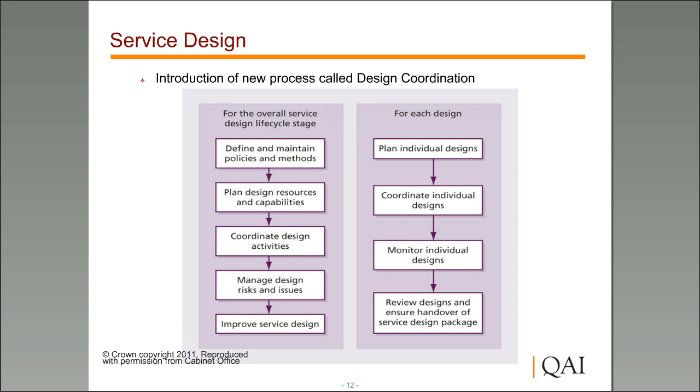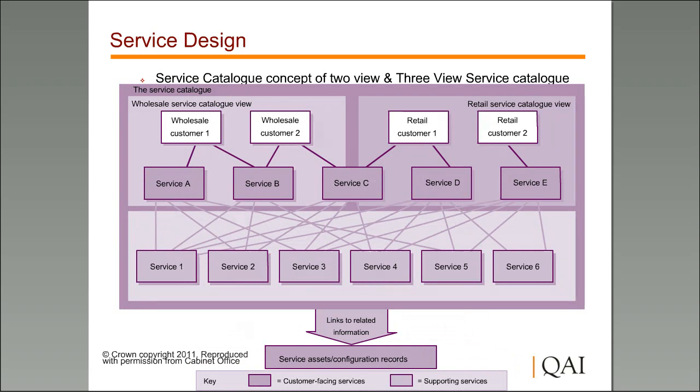If I move to the next slide, I'm jumping this slide for the moment, and I will come back to it for design coordination. Here you can see the first layer from the bottom in this box shows the services: service 1, service 2, service 3. These are the supporting or IT services. The dark ones, where it says service A, service B, are the business view of the services.